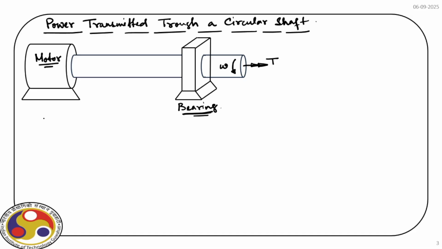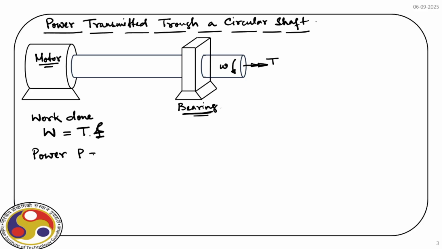Now for this arrangement, the work done, say capital W is equal to T, the torque applied, times the angular deformation.